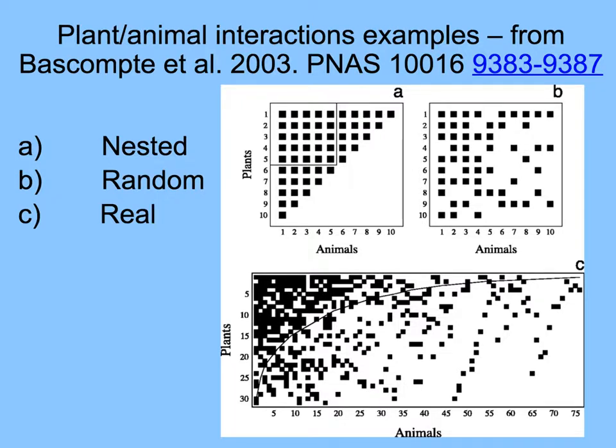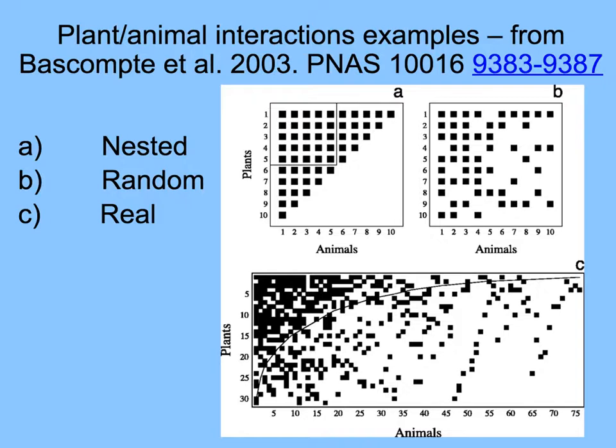Here are a few figures also from this is from our book, I can't remember, it might be from a paper by Bascompte and colleagues, showing on the y-axis plant species. It's more like a table than a graph here. On the x, animals, and if there's a box where one plant and animal meet, that means they interact.